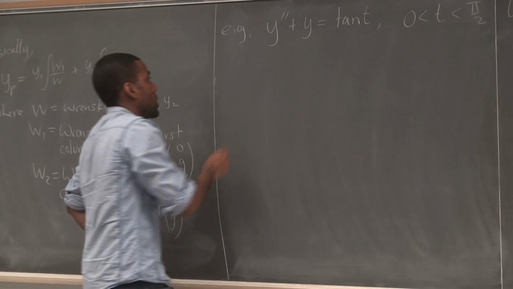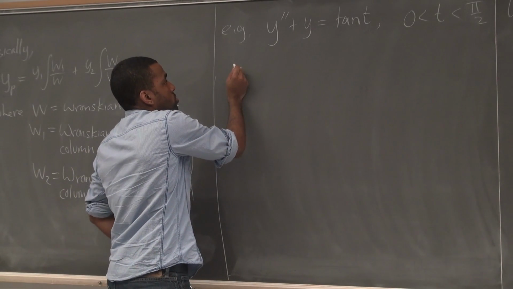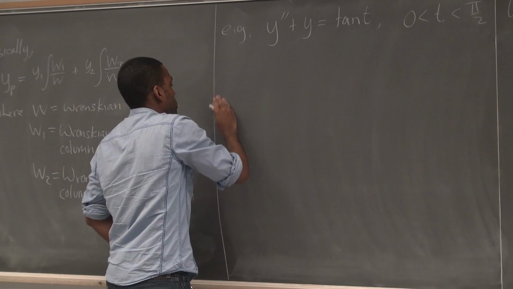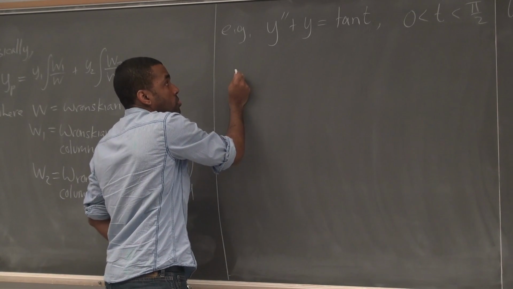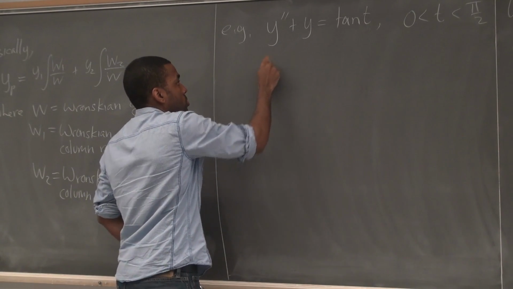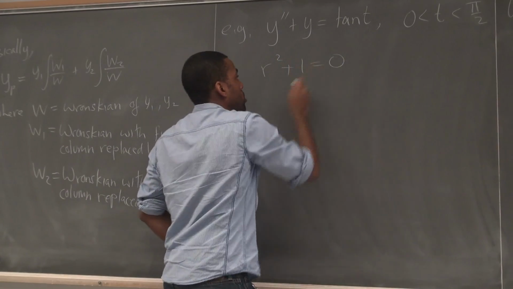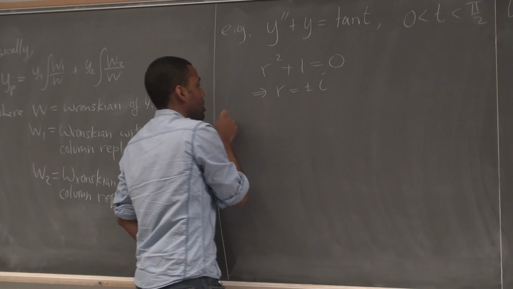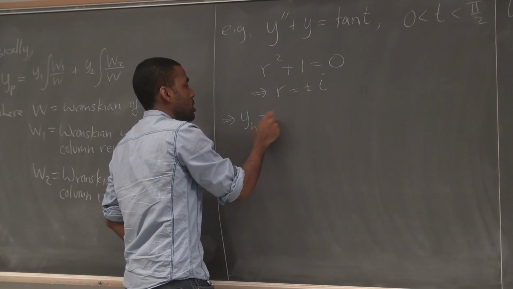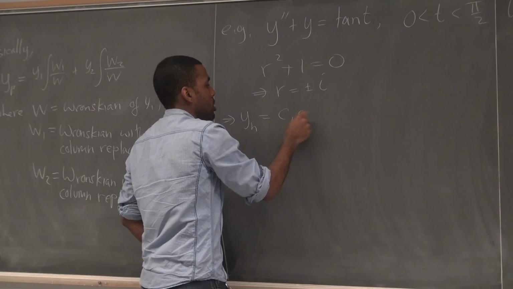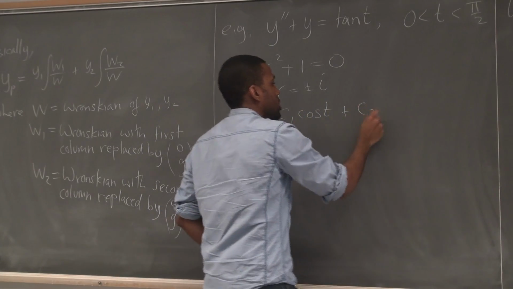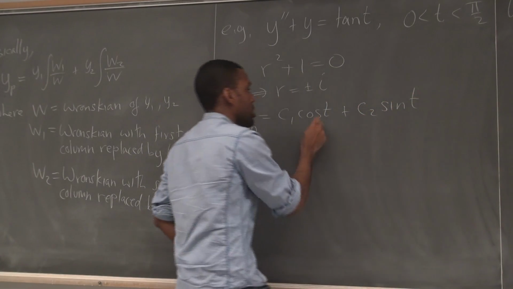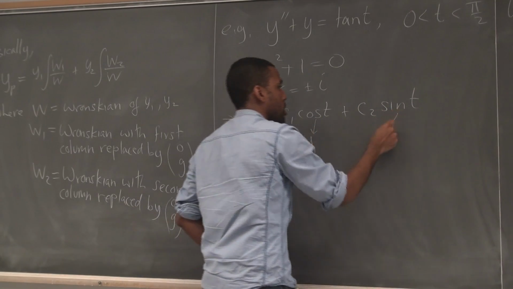How do we find y1 and y2? Homogeneous solution. We get r squared plus 1 equals 0. This means r equals plus or minus i, which means our homogeneous solution is c1 cosine t plus c2 sine t. Let me call this guy y1, call that guy y2.